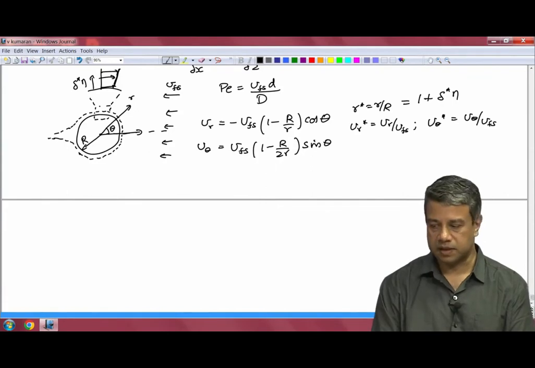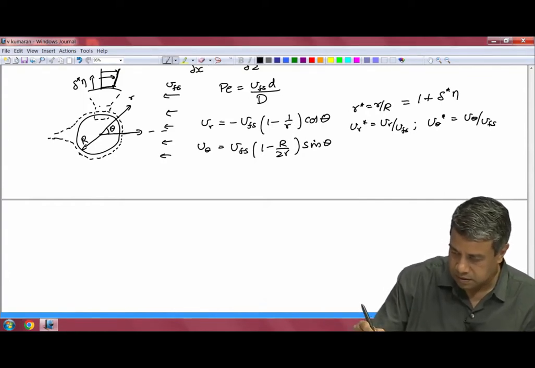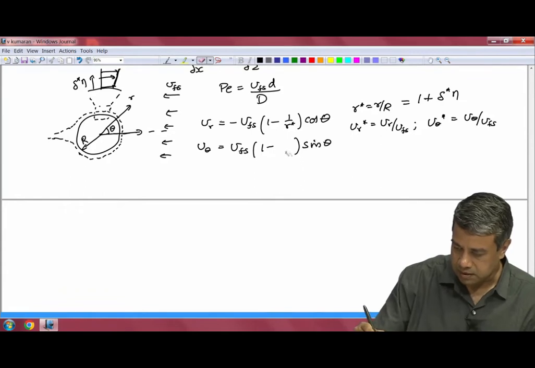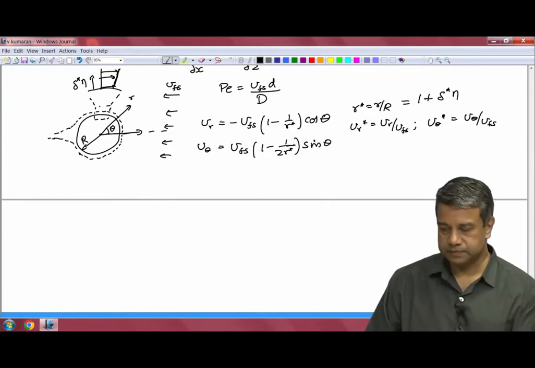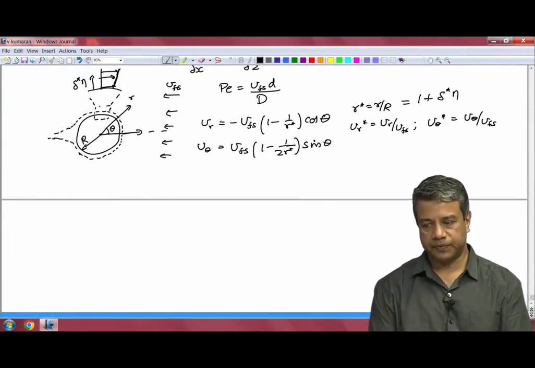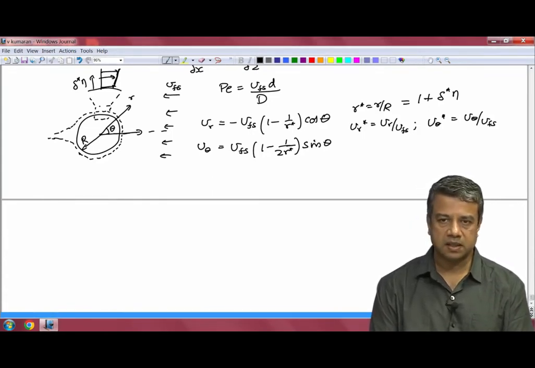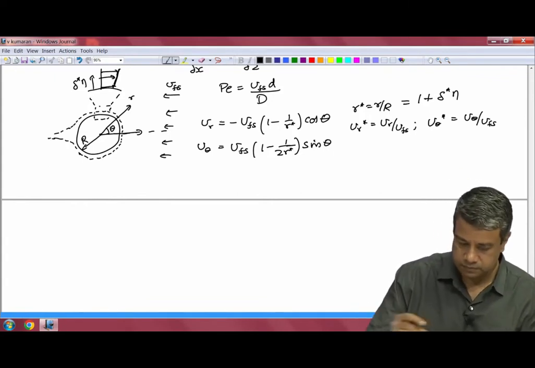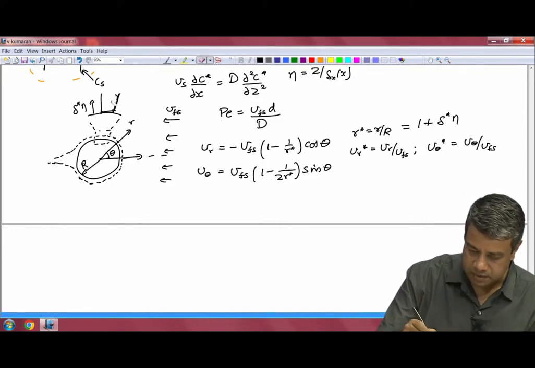For R star you make that substitution, and then this just becomes equal to 1 by R star, and the second term is 1 by 2 R star. So, these are the approximations for the velocity. And in here I substitute R star is equal to 1 plus delta times eta. I am sorry, I have plotted the velocity the opposite way, it should actually be downstream.